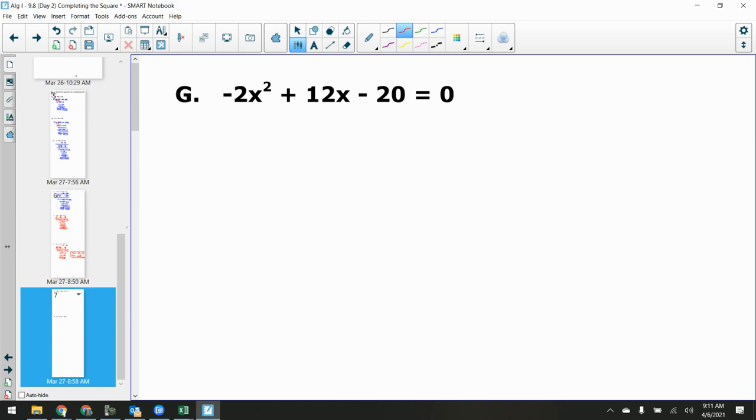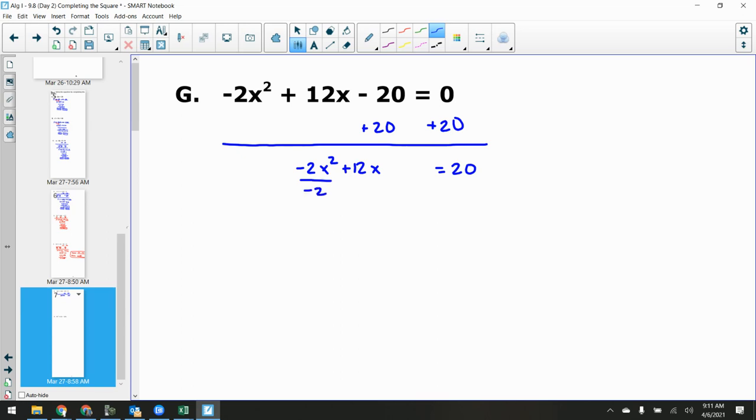What's the first thing that I have to do here? Add the 20. Get it into the correct form. So this is a negative 2x squared plus 12x is equal to 20. What do I divide through by? Negative 2. Everything gets divided by negative 2.